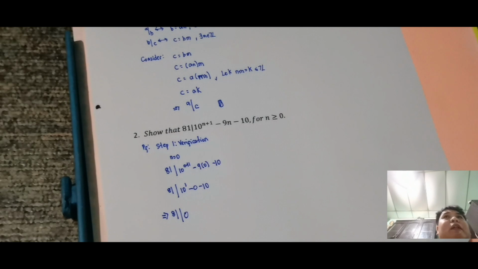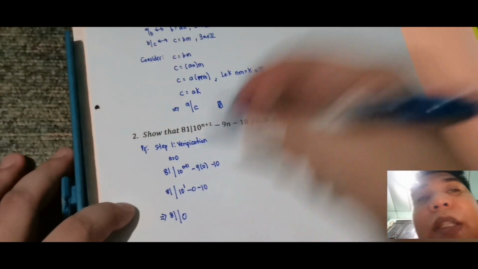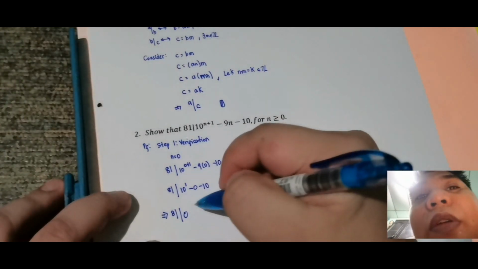Ngayon, tama ba yan? Is 0 divisible sa any number? Yes, 0 divided by 4, 0 divided by 7, 0 divided by 8, 0 divided by negative something is always 0. So 81 divided 0 is 0. So this is true.